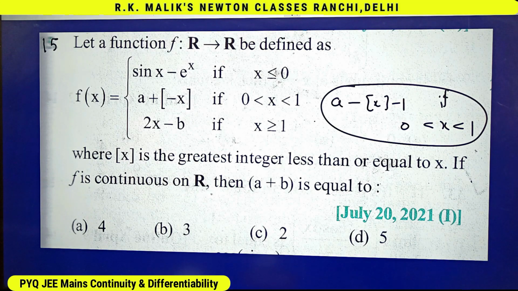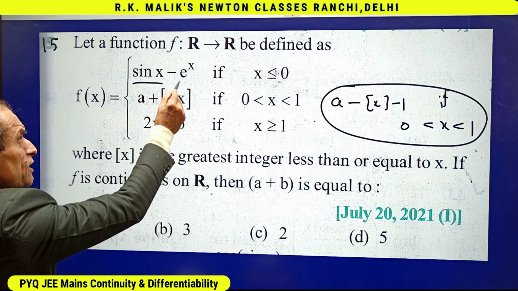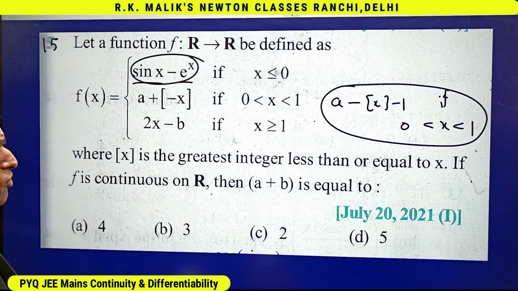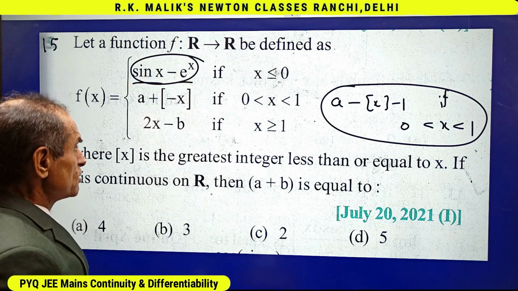Because the function is continuous on R, it must be continuous at 0 also. At all other real values of x, it is clearly a continuous function, because sin x is a continuous function, e to power x is a continuous function. This whole is clearly continuous for all x, that is, for x less than equal to 0 also it is continuous.